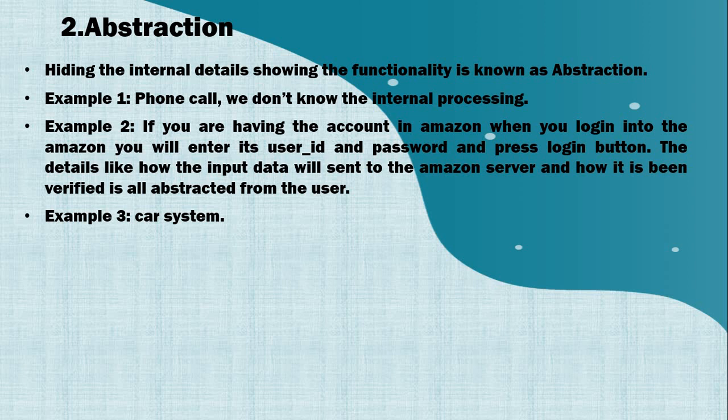For the user, the car is considered one single object, but internally it is managed by several subsystems. The user will not know the internal working of the car; he just uses it for riding. So this is abstraction.